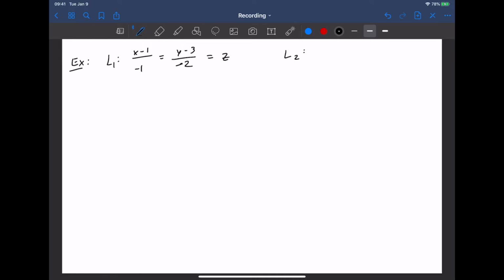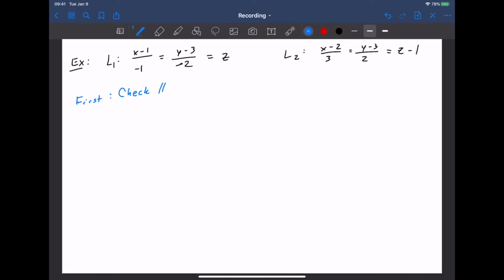Line 2, x minus 2 over 3, y minus 3 over 2, z minus 1. You might have to look at your notes from the last video, but the first thing we checked was parallel.